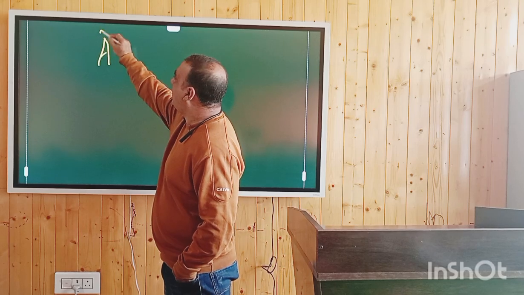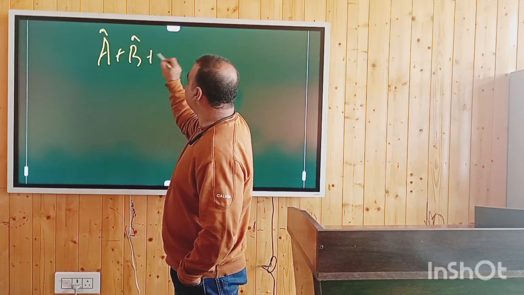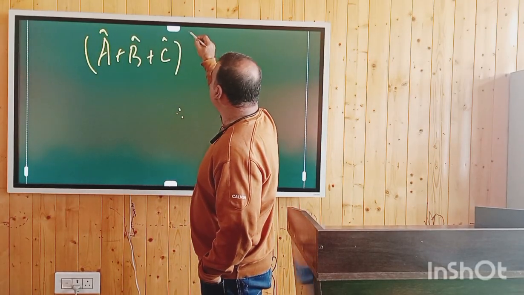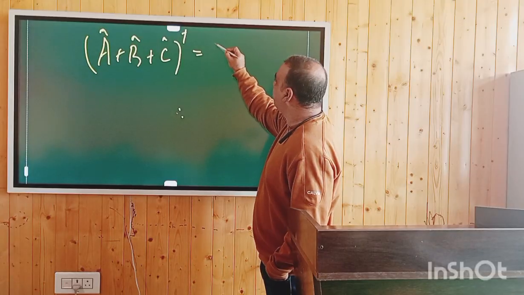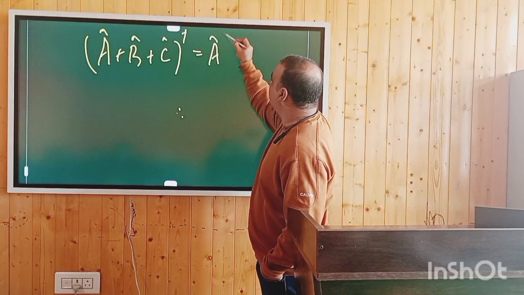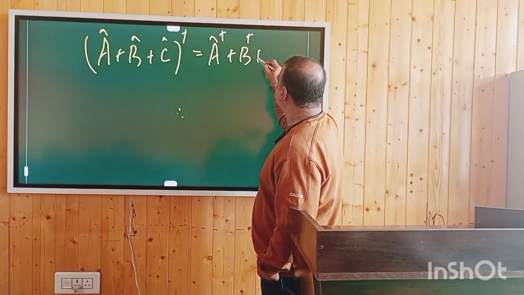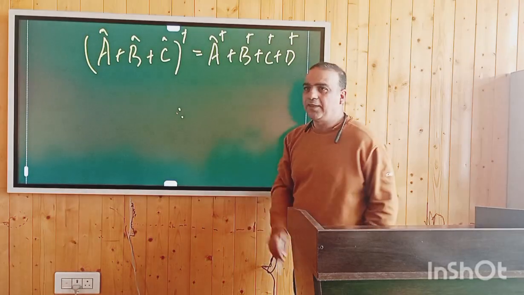Suppose I have A operator plus B operator plus C operator, whole raised power, the Hermitian adjoint. This Hermitian adjoint will be given to the respective operators: A dagger plus B dagger plus C dagger. Is this clear?